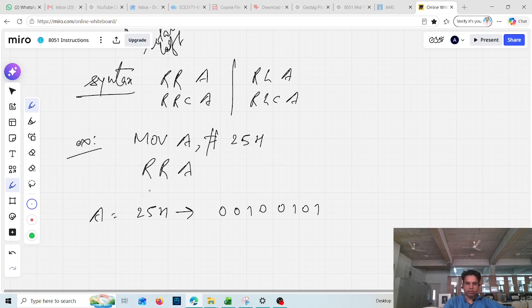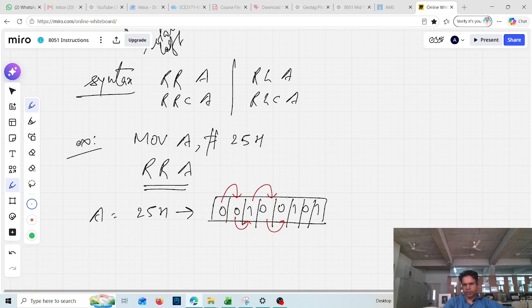Now what is going to happen? Because of this rotate right, all the bits will shift in the right direction. Let's try to segregate them. This 0 will come here, this 0 will come here, this 1 will come here, this 0 will come.